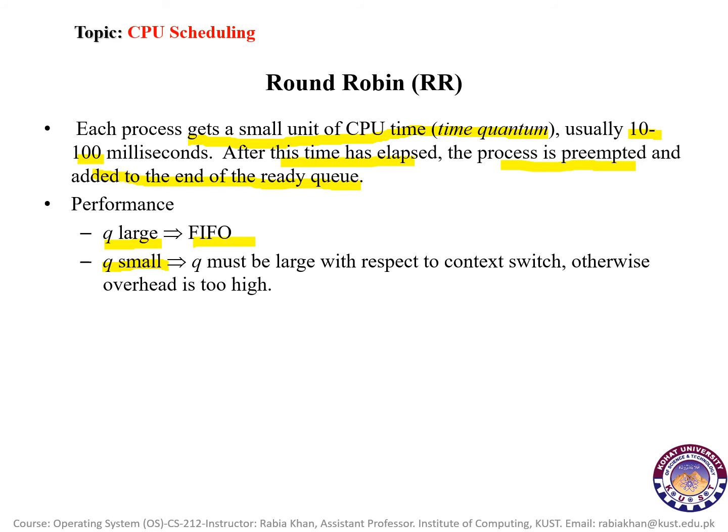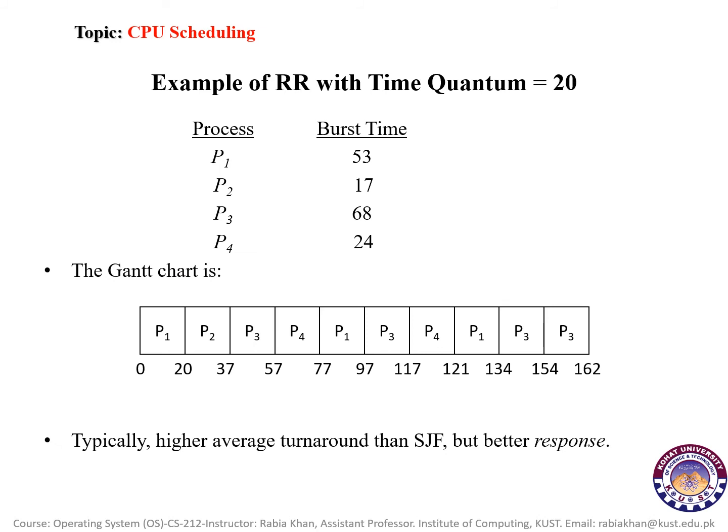Now let's observe this round robin algorithm with an example. For example, the time quantum is given as 20 milliseconds for all the processes. No matter if the process is small or large, the time quantum has been set at 20 milliseconds. As we just said, the time quantum must be between 10 to 100 milliseconds. So there are 4 processes in RAM here.